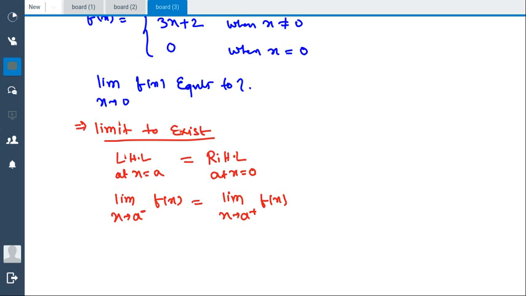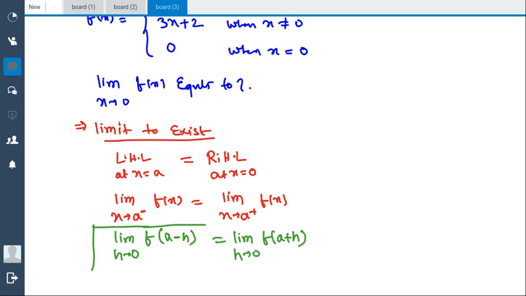And this a minus can also be written as limit h tends to 0, you can place x as a minus h, and you can place this as limit h tends to 0, f of a plus h. If these two are equal, then only the limit exists or the limit answer comes.